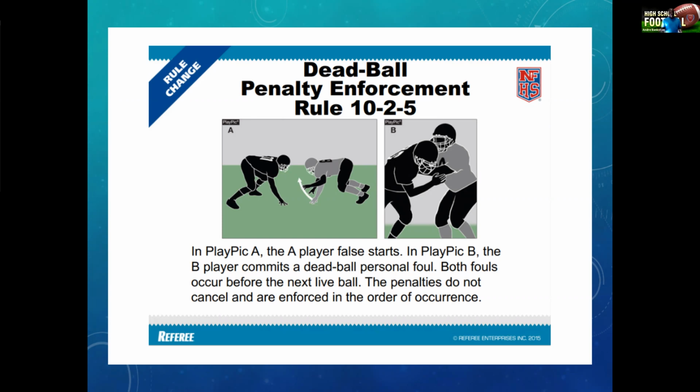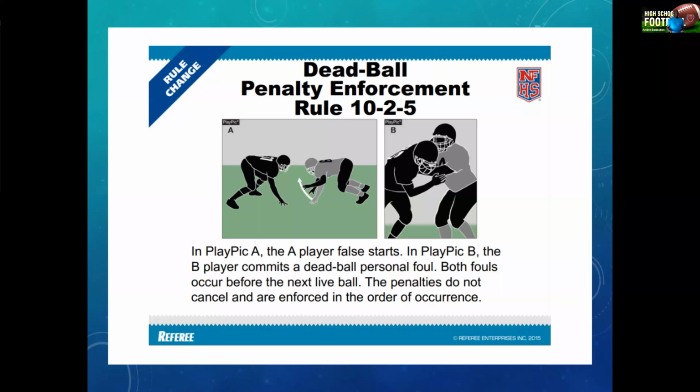That makes a big deal, especially if we're talking about half the distance to the goal line fouls, and one team will get a good advantage on yards on this type of thing, and another team won't.